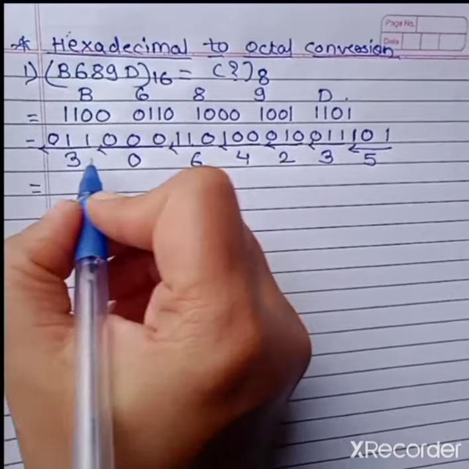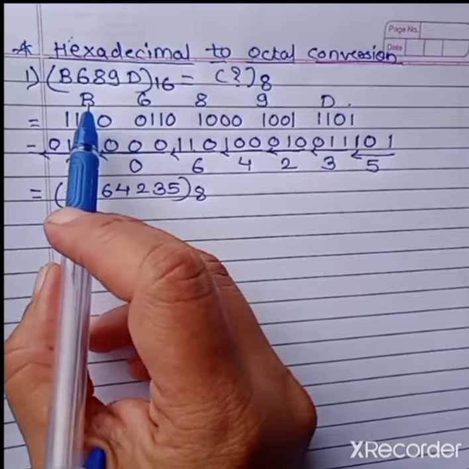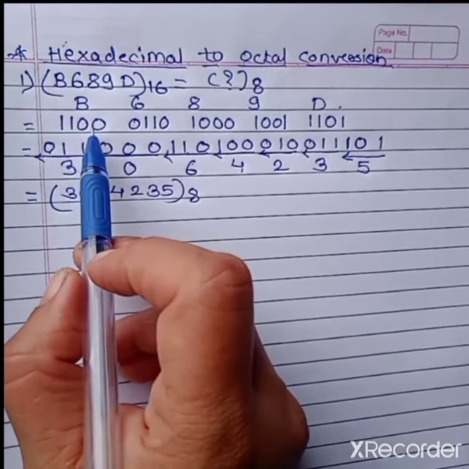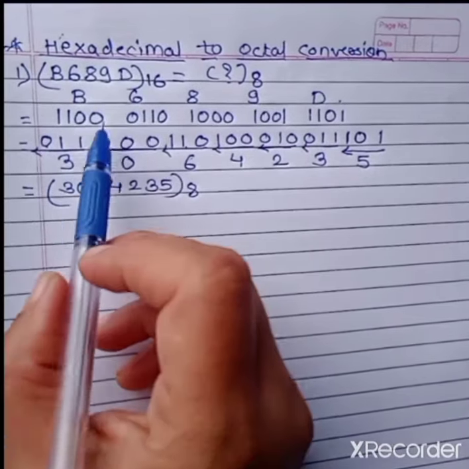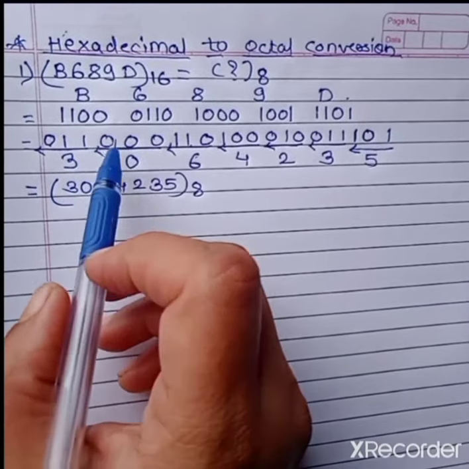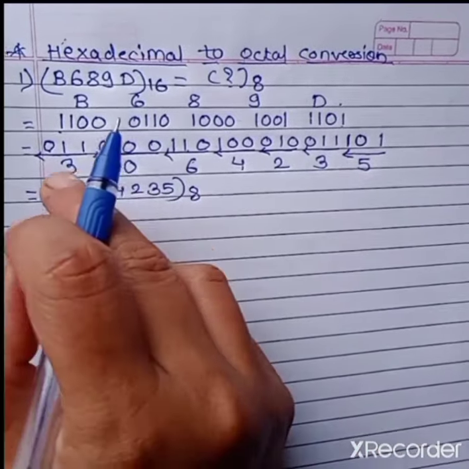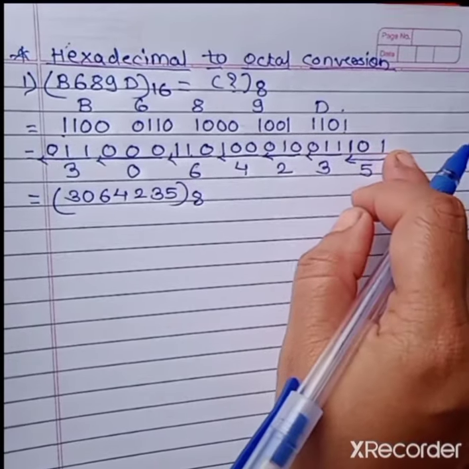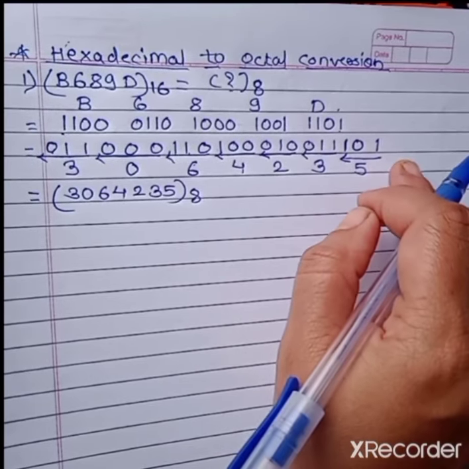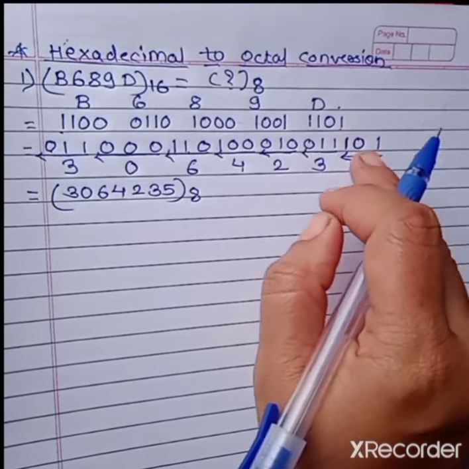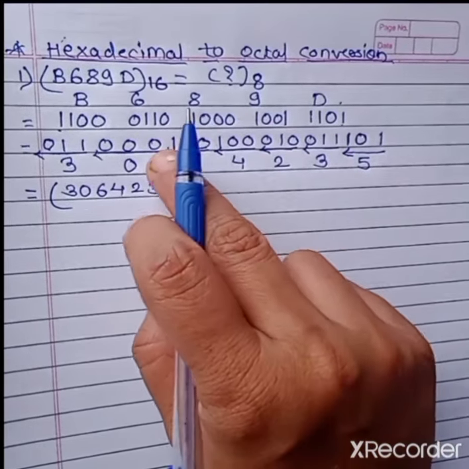So this is the octal number. Write it together. What we have done: first we represented each digit in 4-bit binary. Then we wrote all these numbers together, that means we made a long series, and after making the long series we made 3-bit binary groups from right hand side to left hand side.